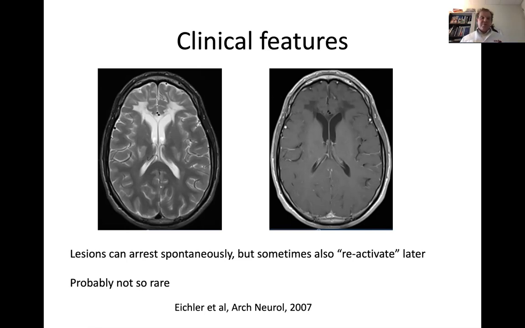So we call that arrested cerebral ALD. The tricky thing is that it is very unpredictable. Once it arrests, it can stay arrested for years, but we've even seen 10 or 15 years later that the lesion can reactivate and progress again. So it is very unpredictable, but prognostically, it makes a big difference if it enhances or not.